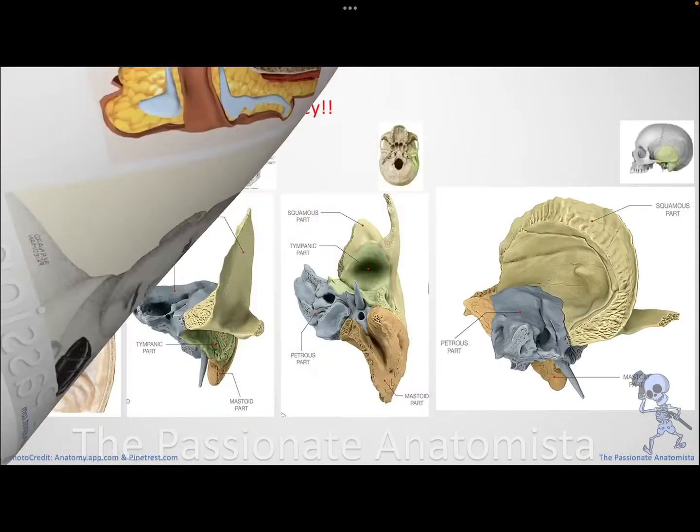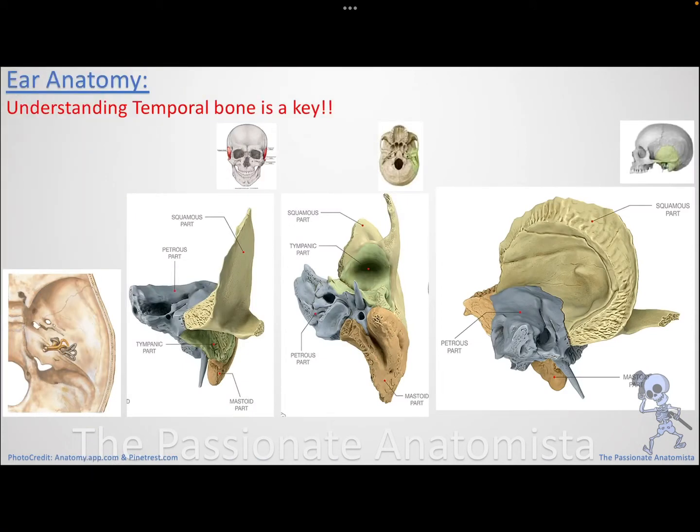Now, to understand where exactly the ear is located in your skull, you need to know briefly about the temporal bone. Your temporal bone is formed of a squamous part, petrous part, tympanic part, and mastoid part.